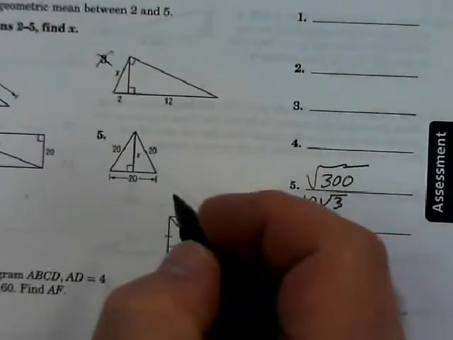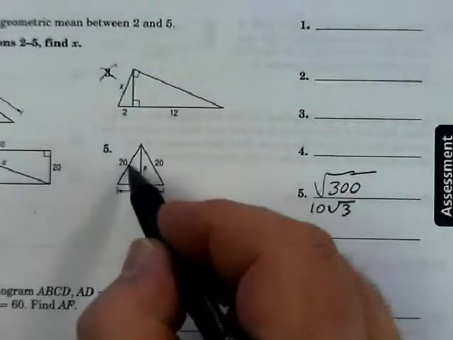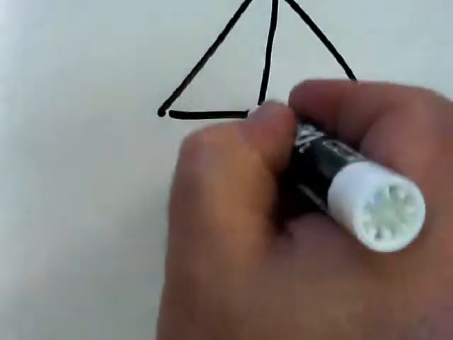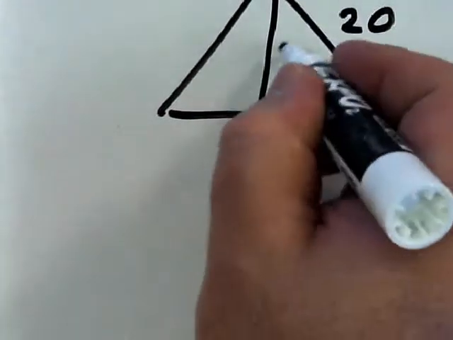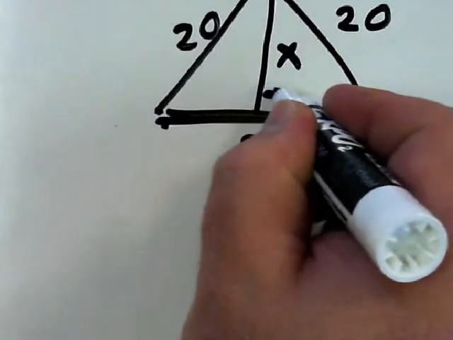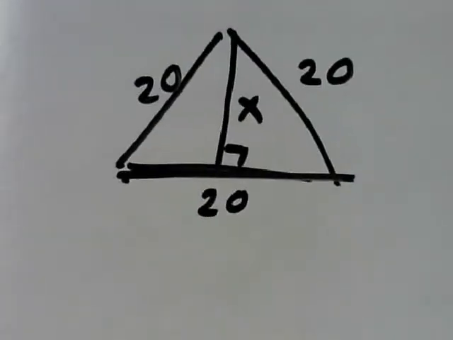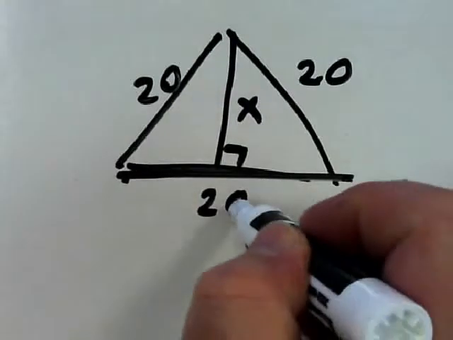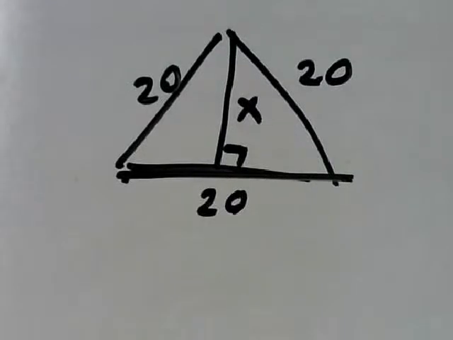If you are looking at problem number 5, you have this triangle. You've got a 20 here, an X, a 20, and down here is 20, and this is a right angle. If this is 20, 20, and 20, what type of triangle do you have?